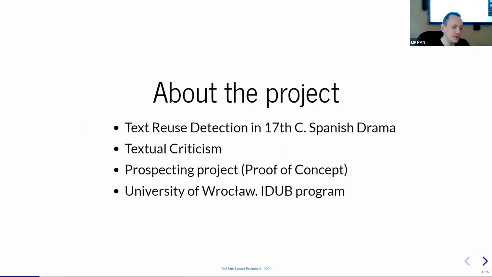There's still much to do with the corpus in terms of critical editing, because of the implication of the writers' networks, and also because of authorship attribution. And parallel passages, that's actually what we're talking about today. Similar chunks of text shared by plays are still very important for critical editing.